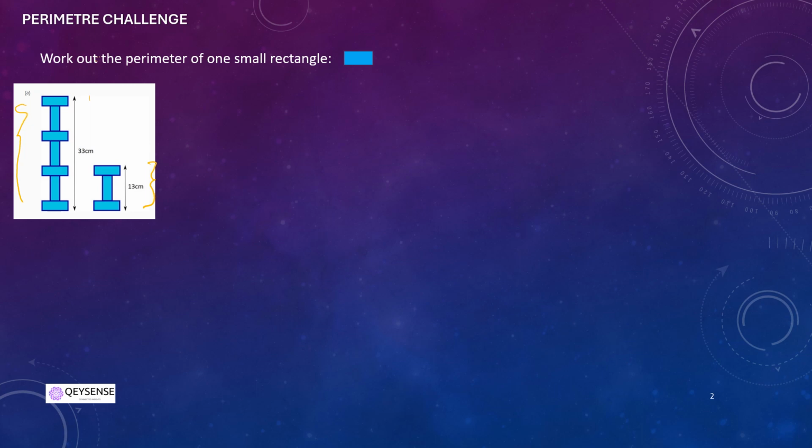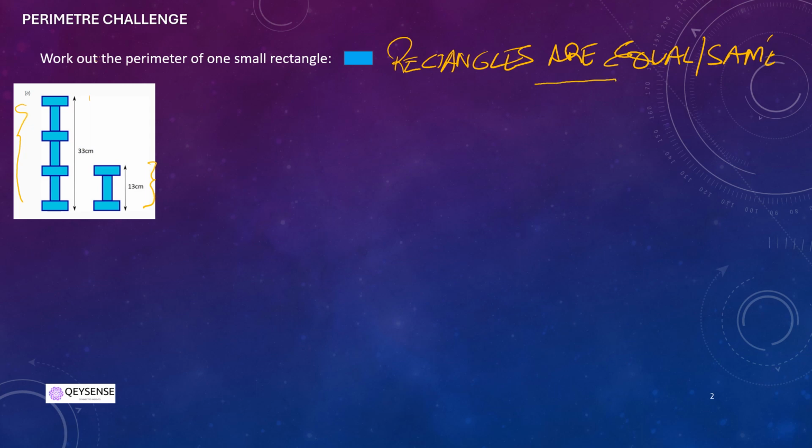The first key assumption that's inherent in this diagram is that the rectangles are all the same, let's call them equal. So we're using these rectangles.